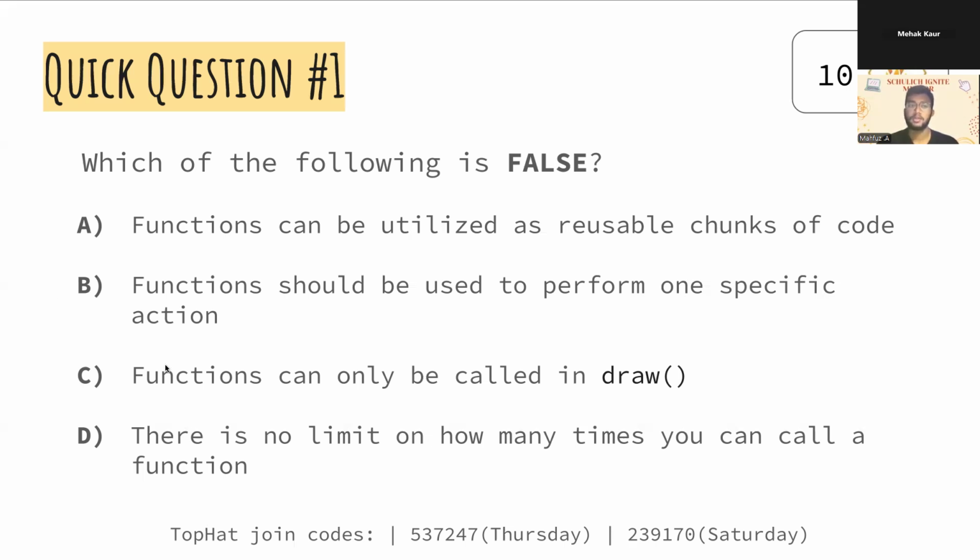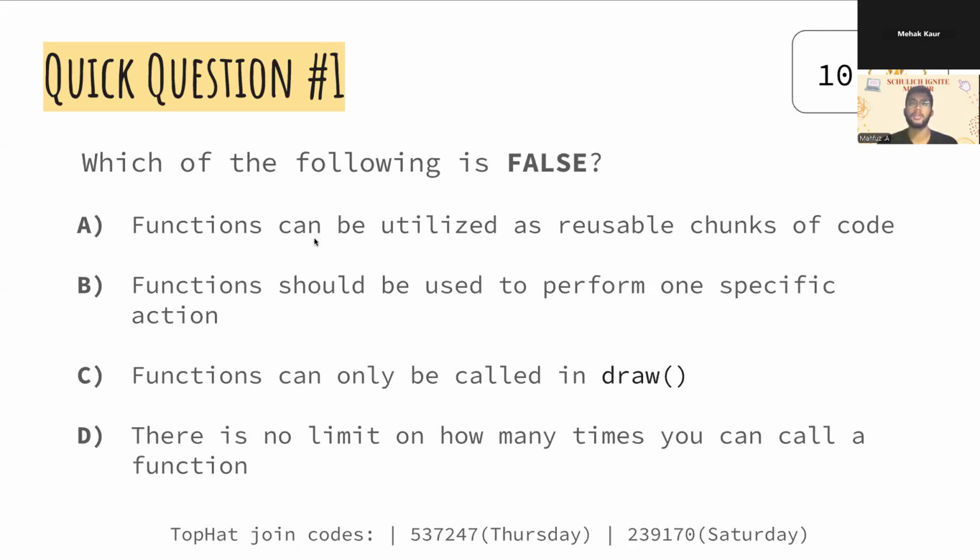So the correct answer in this case is actually C. Functions can only be called in the draw function. You're probably wondering why this is the case. This is because draw continues to run constantly. The draw method will run every single time, so it consistently updates each time.